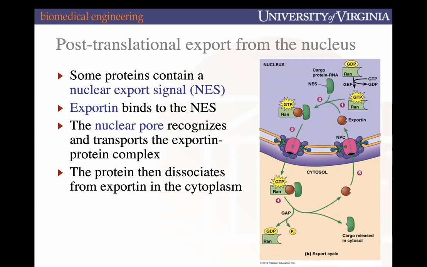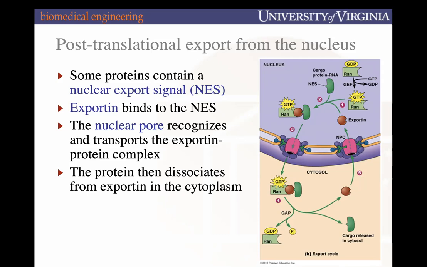The export process is pretty similar. For the key thing of why we'd want to export things out of the nucleus, one thing I think you discussed last class was how proteins that are under 40 kilodaltons can freely diffuse into the nucleus.